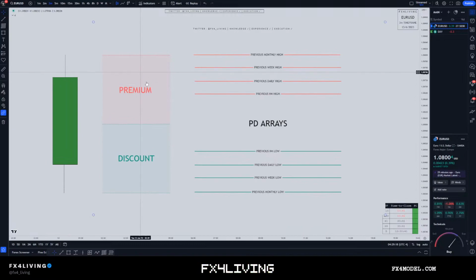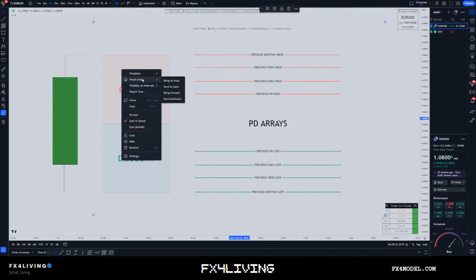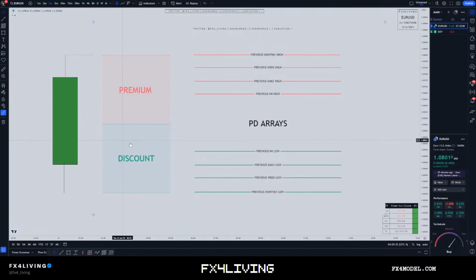This is your previous daily candle, daily HLC basically. And I can put some dotted lines, and I can probably put that in the back, just to make sure everybody understands.